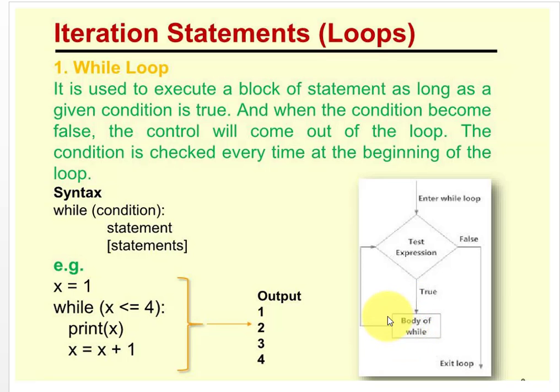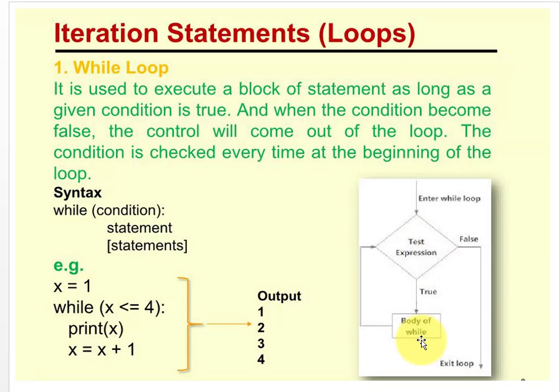Then the program flow will again go to the test expression. Once again, the test condition will be checked. If it is true, again the same code, the same statements will be executed, and then the program flow goes to the test expression.